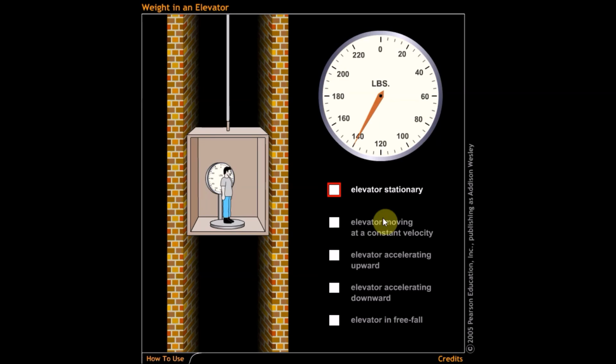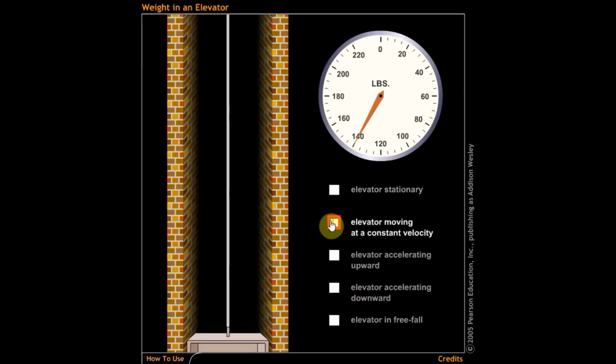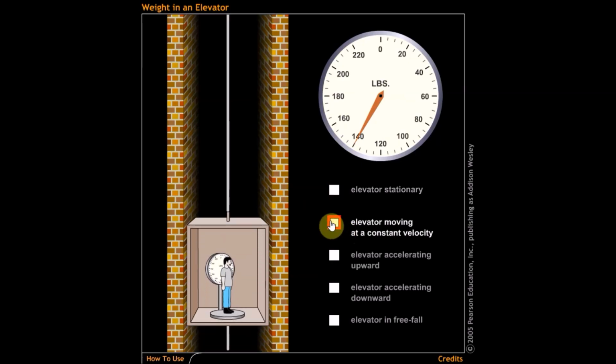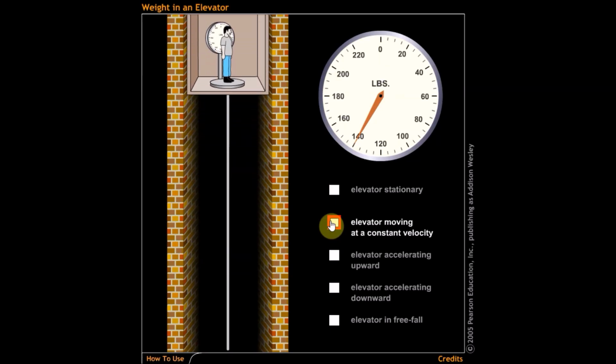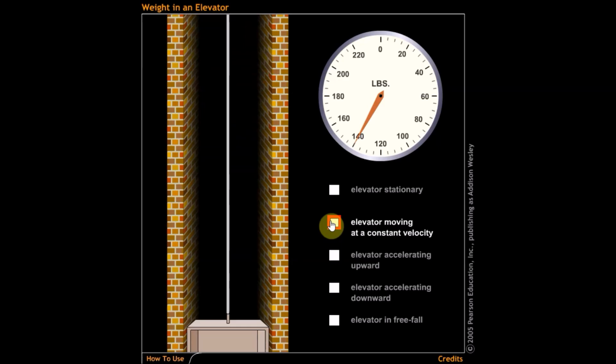Remember, force is equal to mass times acceleration, and this scale is showing the force he's exerting on the scale. So moving at constant velocity, our acceleration is 0, and so he will end up showing the same weight whether he is moving or standing still.